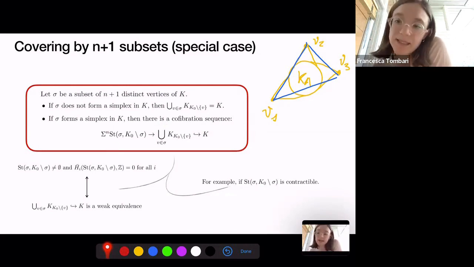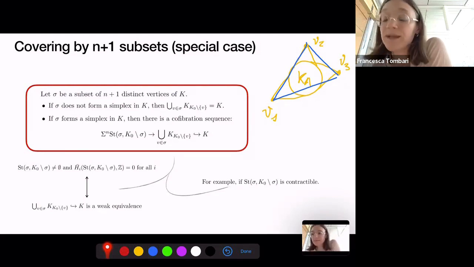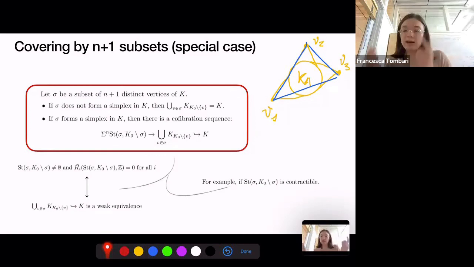So this is the case where we can say something in general, with a generic number of subsets covering the vertices.